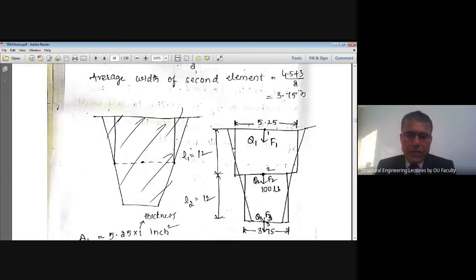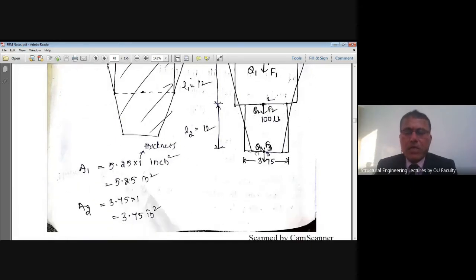That trapezium, which had an area of A, is assumed in FEM modeling as a rectangular shape of width 5.25 by a length of 12 inch. That is the first element modeling, student. Similarly, I'll go to the second element modeling.